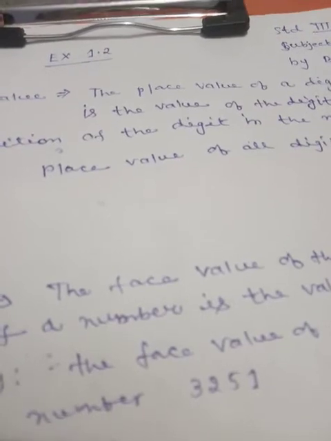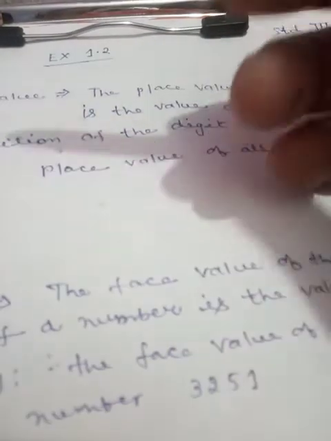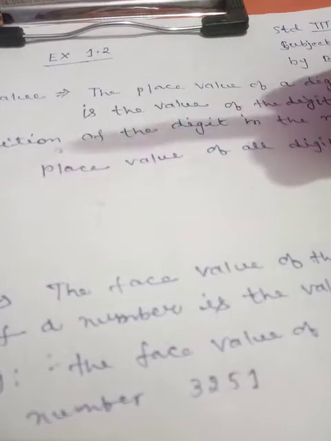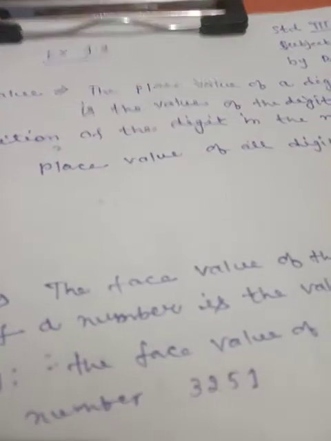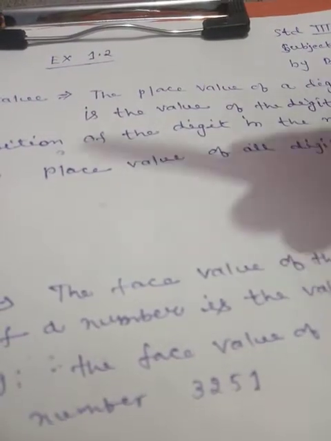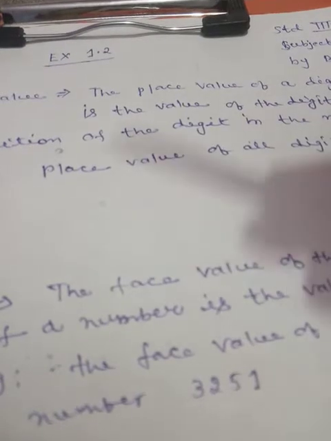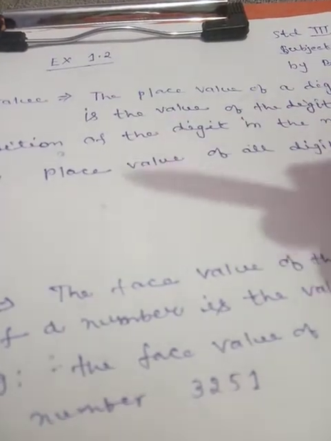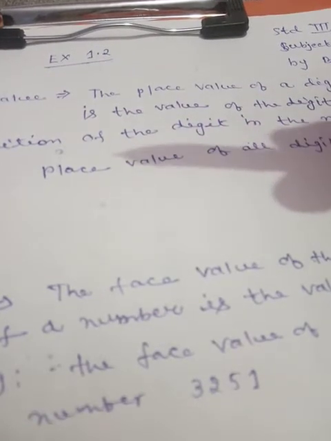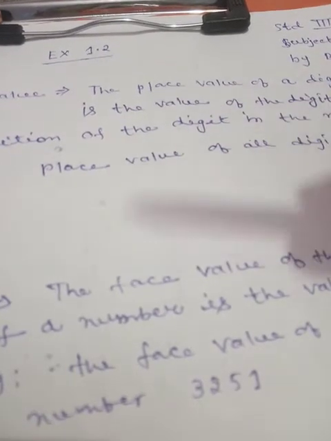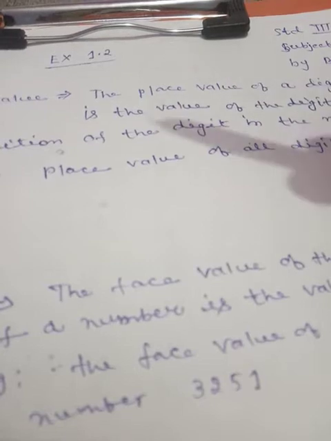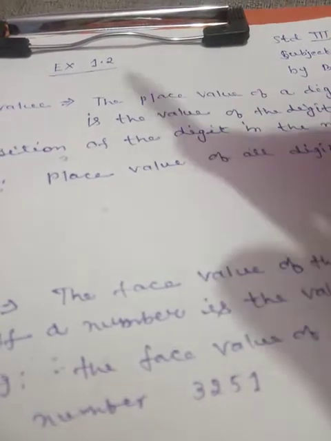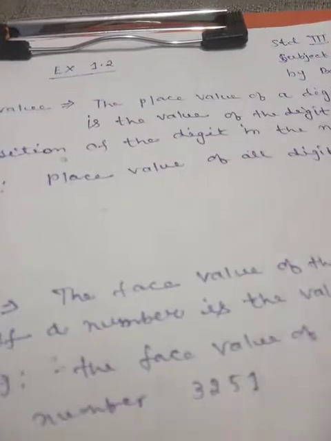In the same way, 10 to 99 are two digit numbers, 100 to 999 are three digit numbers, 1000 to 9999 are four digit numbers, and so on.